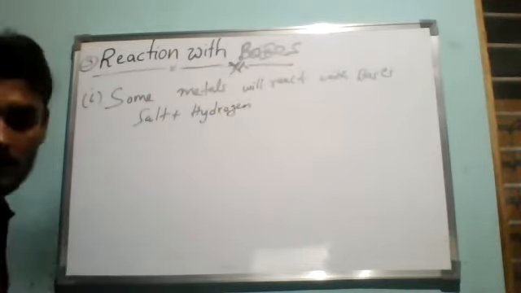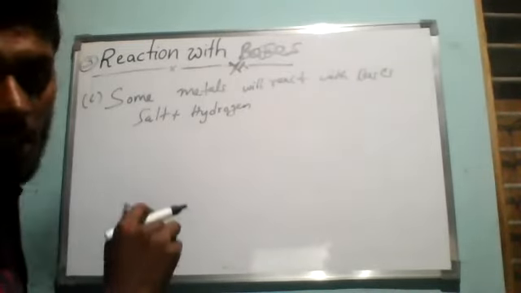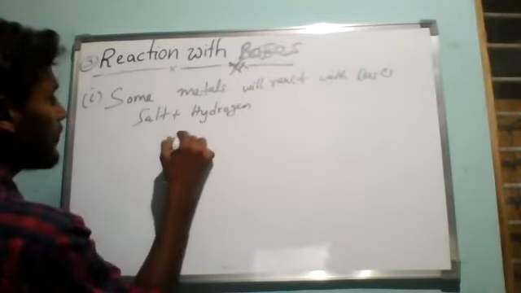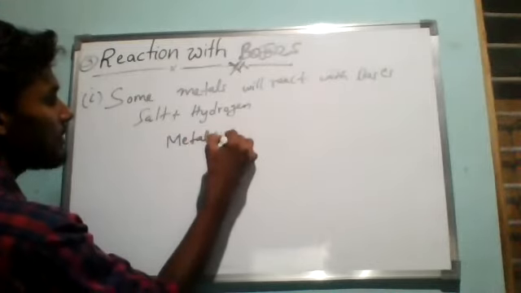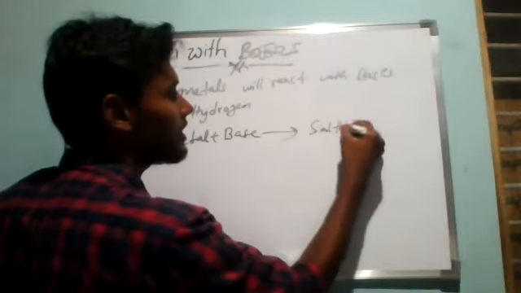How can we write the common reaction? Metal plus base produces salt plus hydrogen gas.